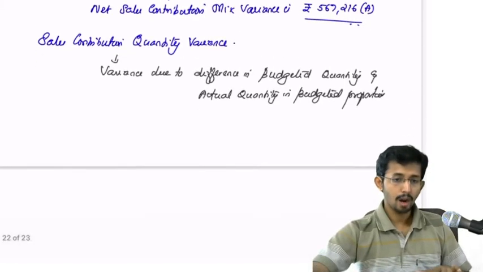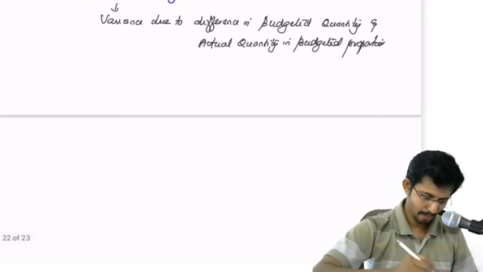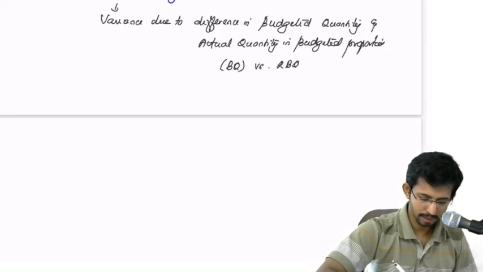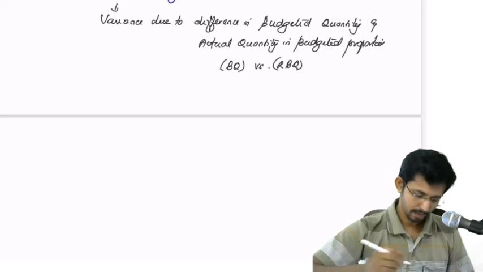Okay, how do you compute this? So budgeted quantity is BQ versus RBQ.